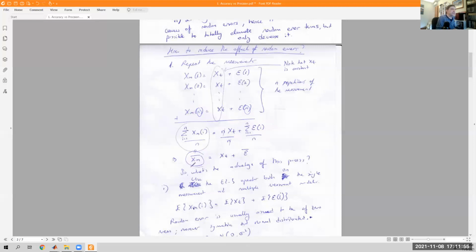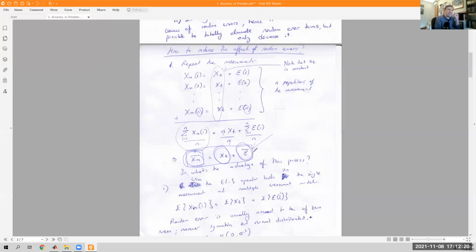Note that these are the values that I obtain. In real life, I won't know the true value and the errors; only the measured values are obtained. When I obtain this equation, it doesn't seem very helpful because I know neither the true value nor the individual errors, nor their average.